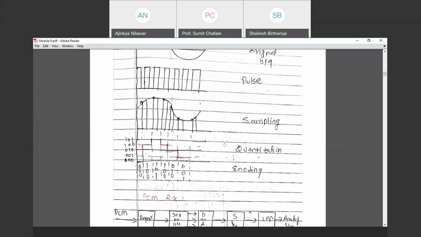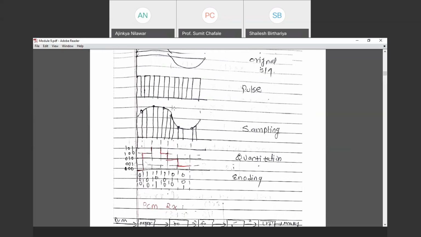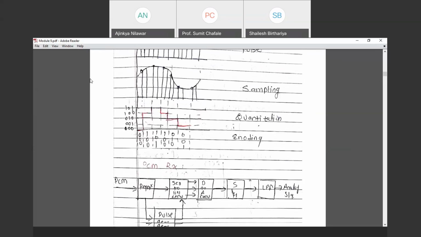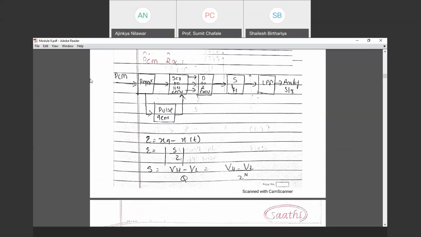If you see the same diagram, this is the input to our receiver. Then in the second block, quantization, the digital to analog conversion takes place, and from this we get our original signal. So for the transmitter we follow the diagram from upside to downside, and for the receiver from downside to upside. This is how the PCM receiver is represented.